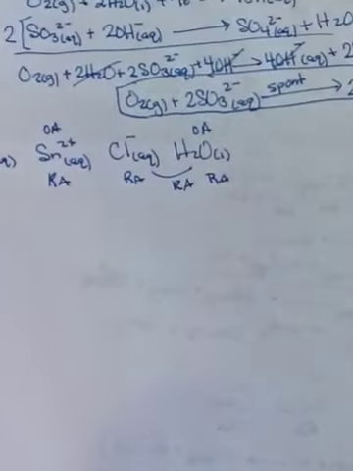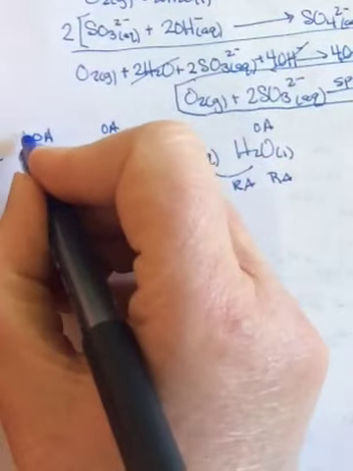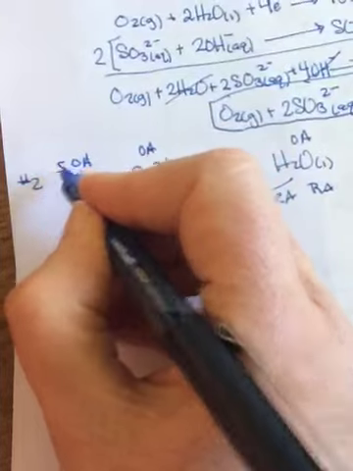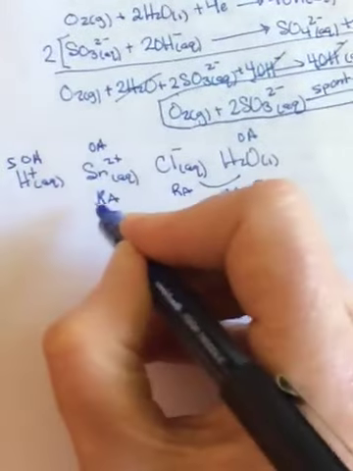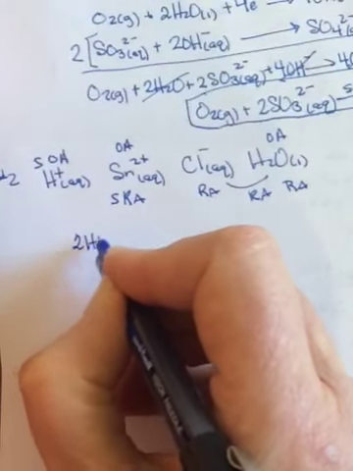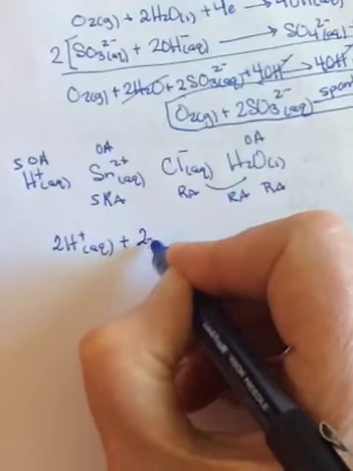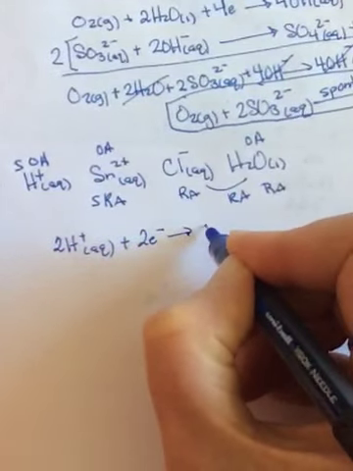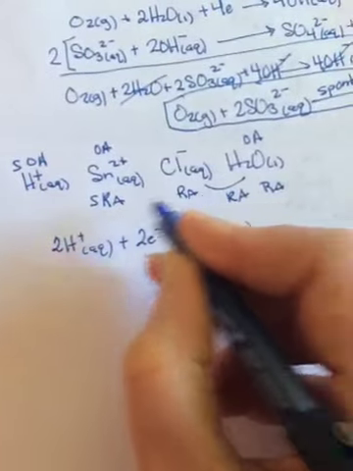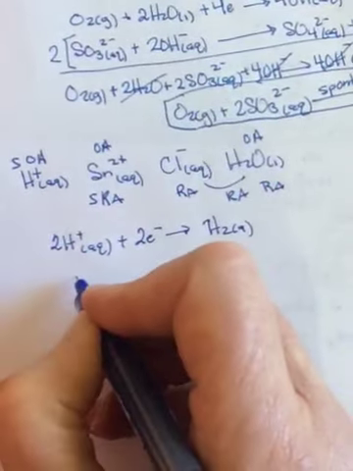Okay, so our two half reactions. This is going to be SOA, and this one's going to be SRA. So it's going to be 2H+ aqueous plus 2 electrons going to H2 gas for our OA. And for our RA, be careful and make sure you pick the right one.